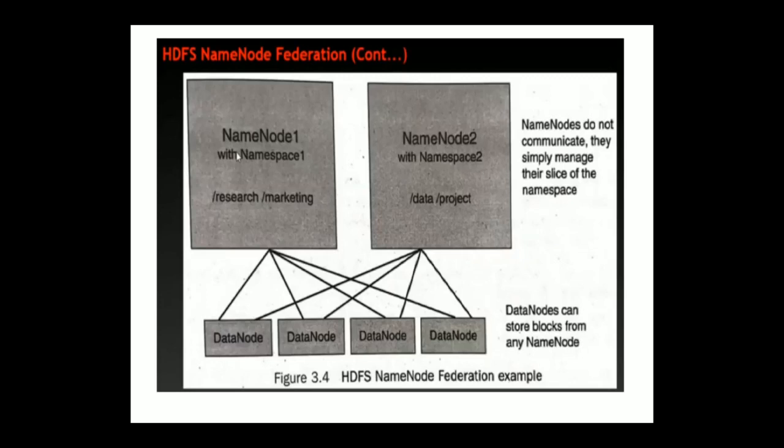The name nodes do not communicate; they simply manage their slice of the namespace, and the data nodes can store blocks from any name node. I hope you are understanding this federation. Okay.